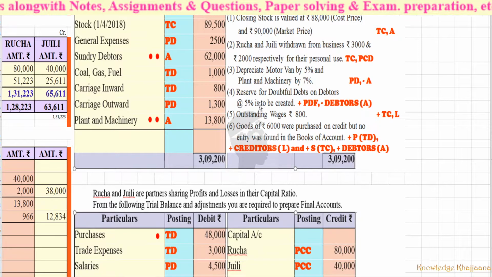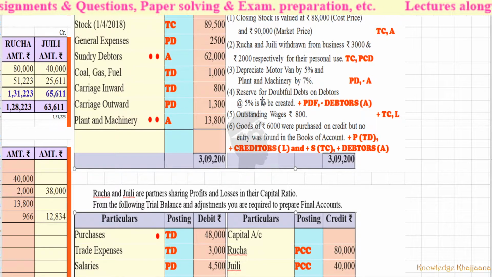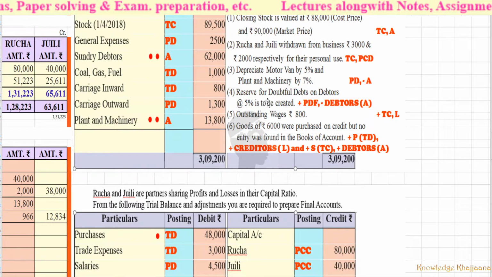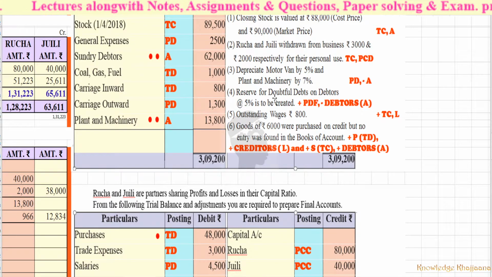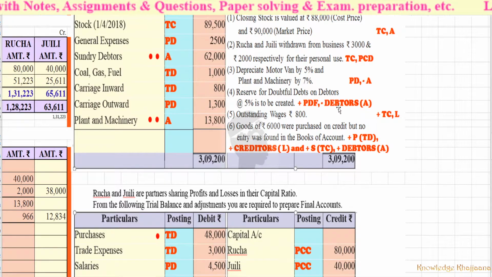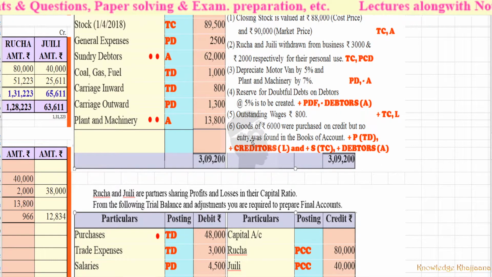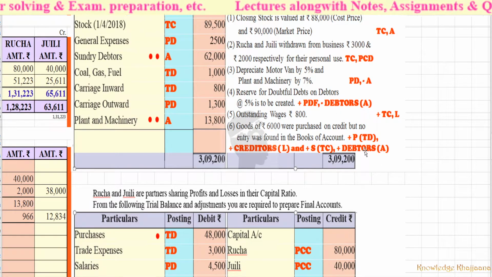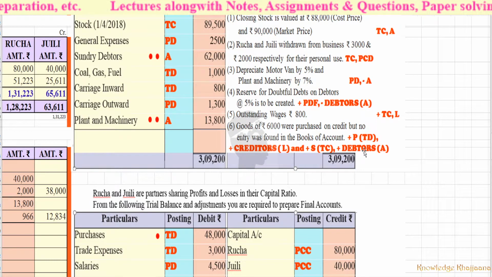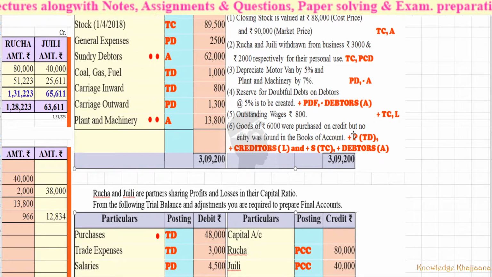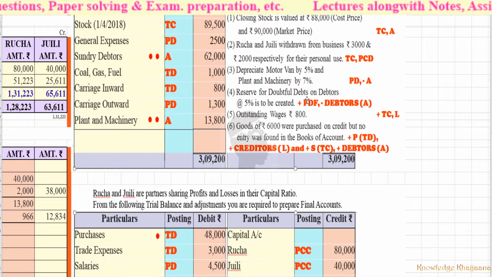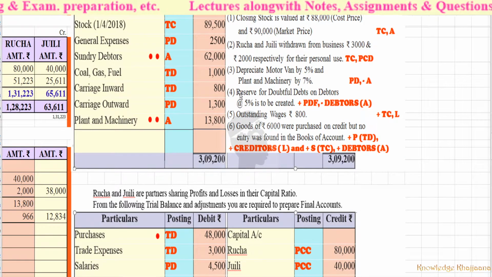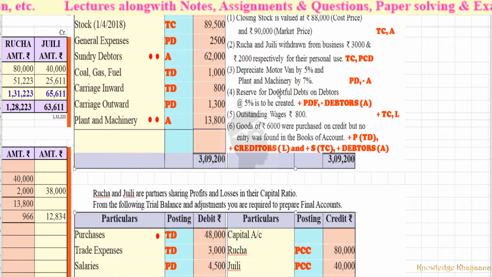In my last lecture, I had asked the same quiz. If the percentage RDD is to be calculated on debtors, then how should it be done? That much amount should be deducted from the debtors after doing all the adjustments. That was option D. After doing all the adjustments of debtors, the new RDD should be calculated. So we will solve this adjustment later on.